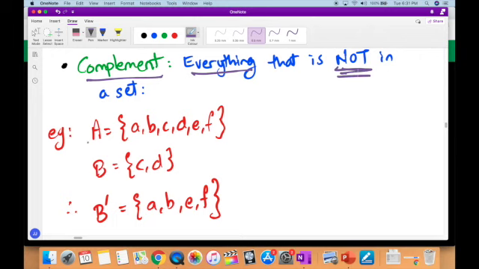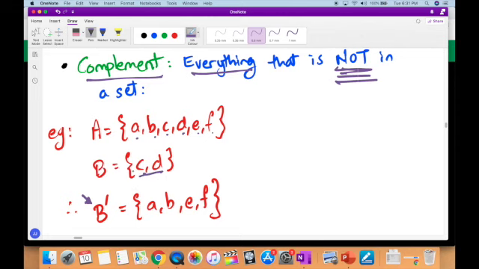So for example, if I have the set A, B, C, D, E, F, and then I have the set B, which is C, D, yeah? What I want is B complement. B complement is everything that is not in B. So this C and this D, I don't want that.